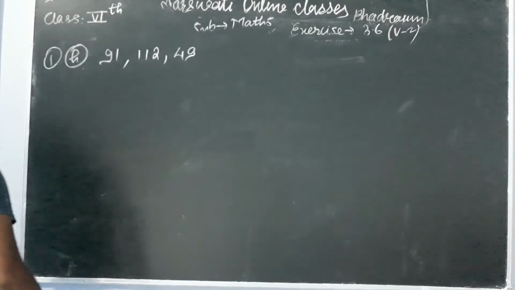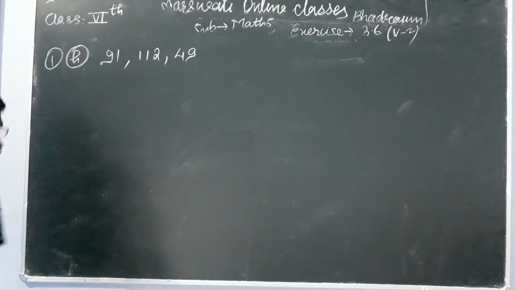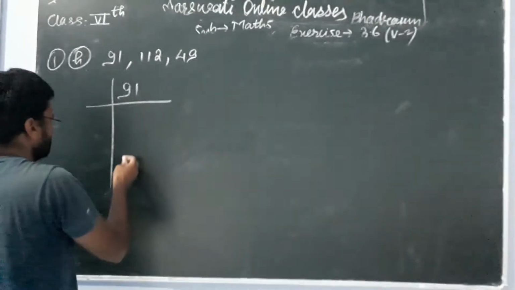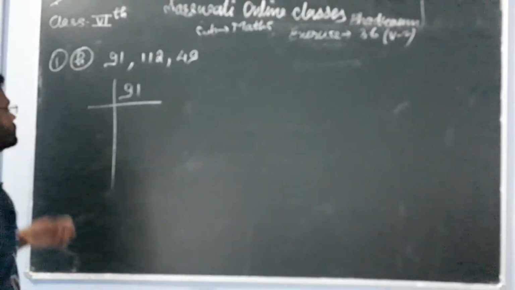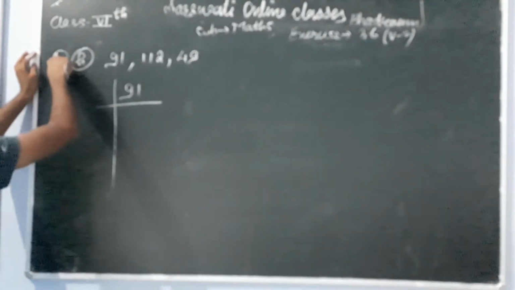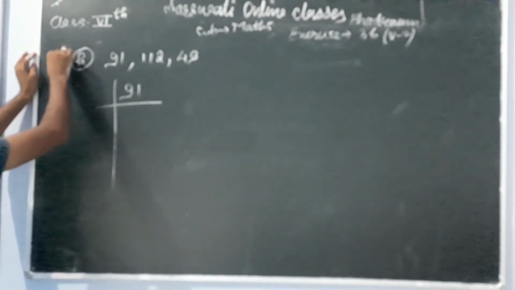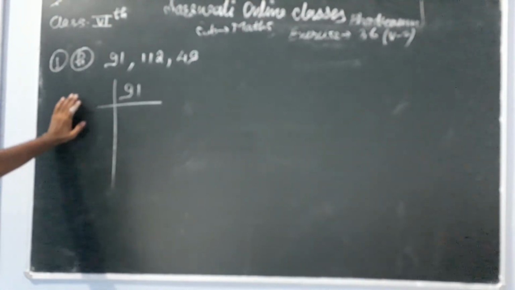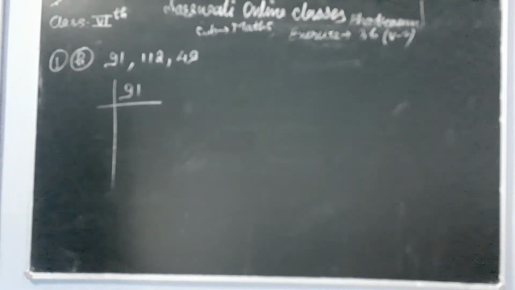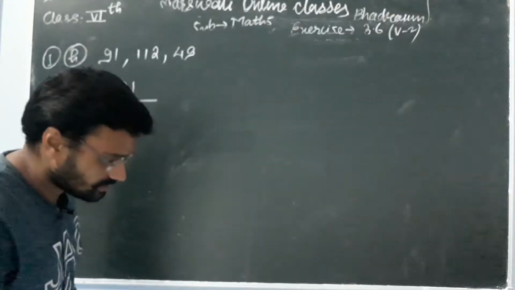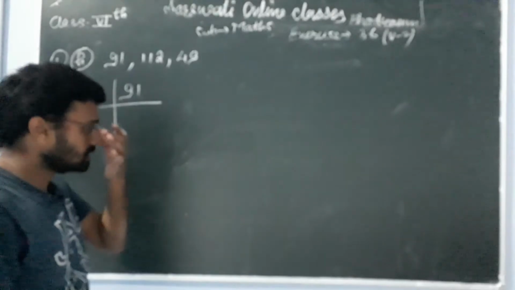Okay, so this is our 91, and when we factorize it, listen, actually if we divide this number, then what we will get is 13. Actually this number is not divisible by 2 because our unit place digit is 1, hence the number is not divisible by 2.